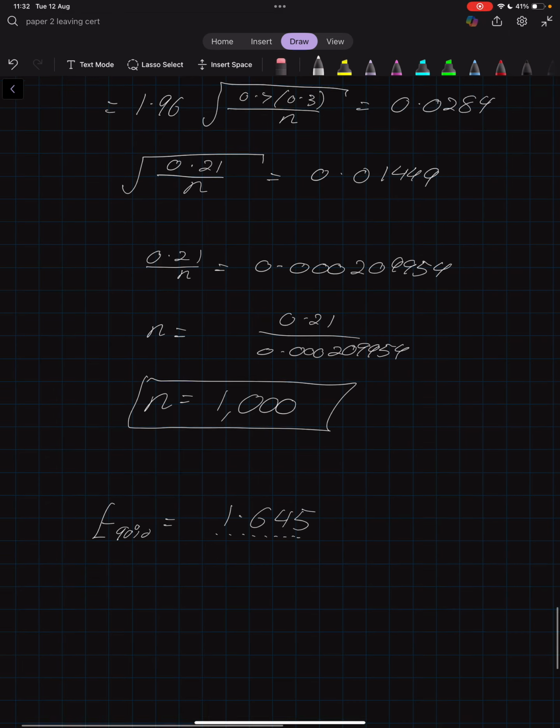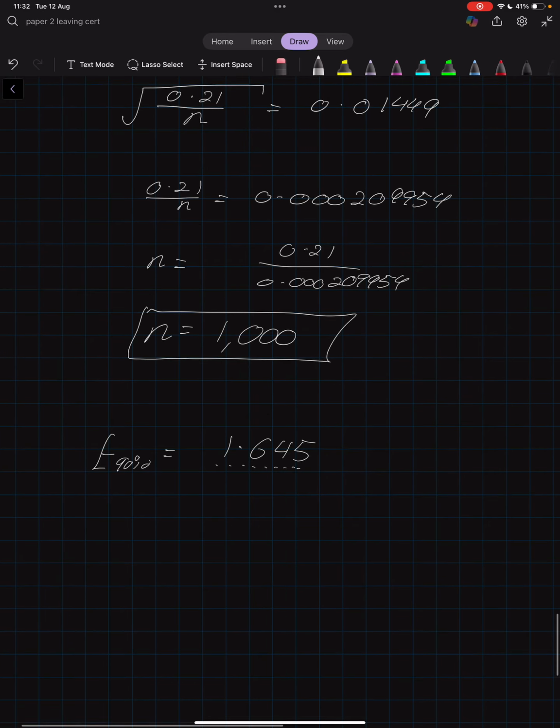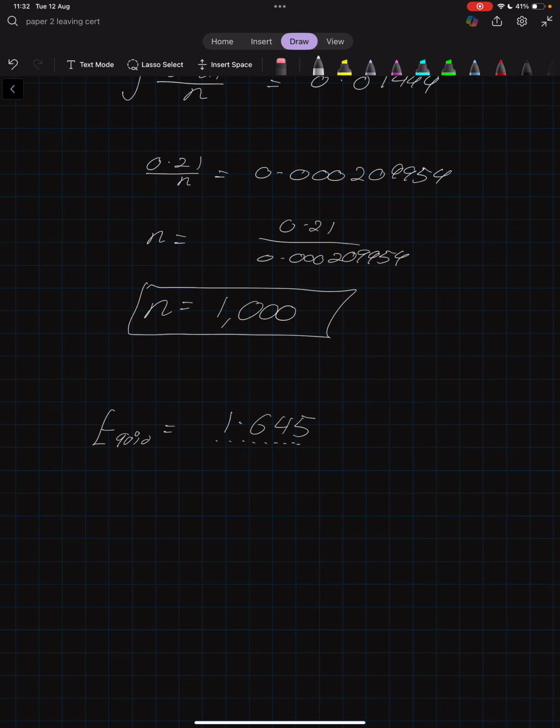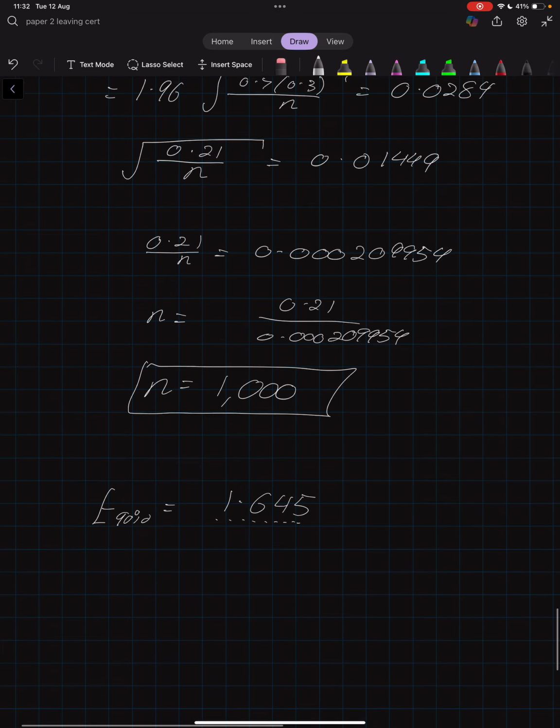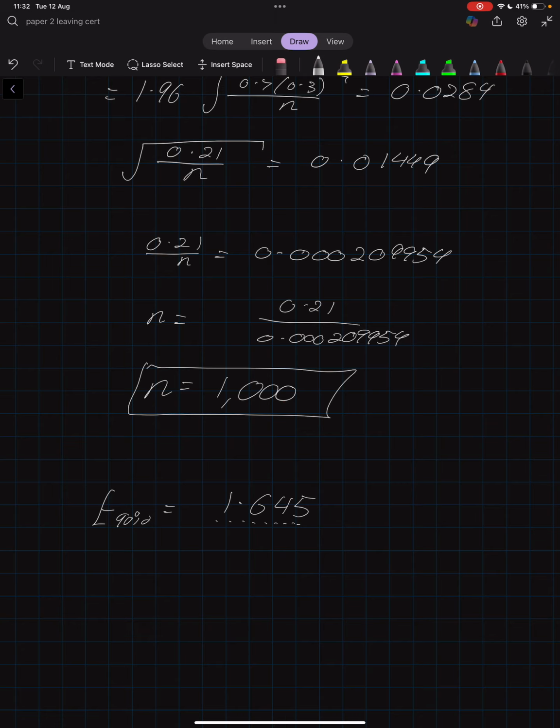If I wanted a 95% confidence interval, it's a 1.96. Now it's a 90%, so it's 1.645. So then this is going to be the square root p hat 1 minus p hat all over n. Construct a 90% confidence interval for the proportion of voters who said they voted in the referendum.